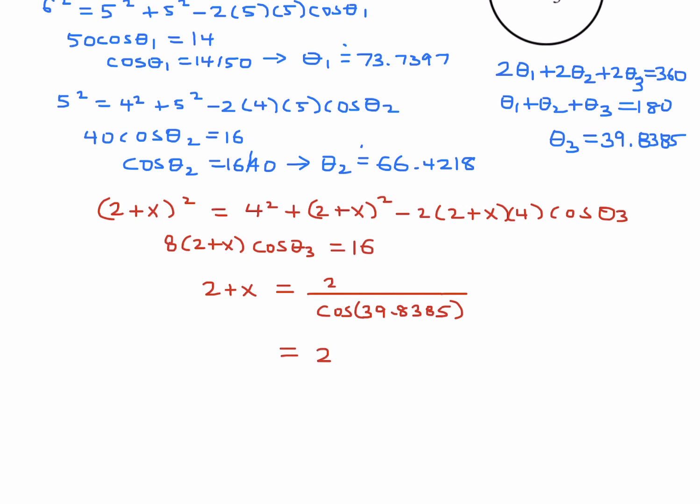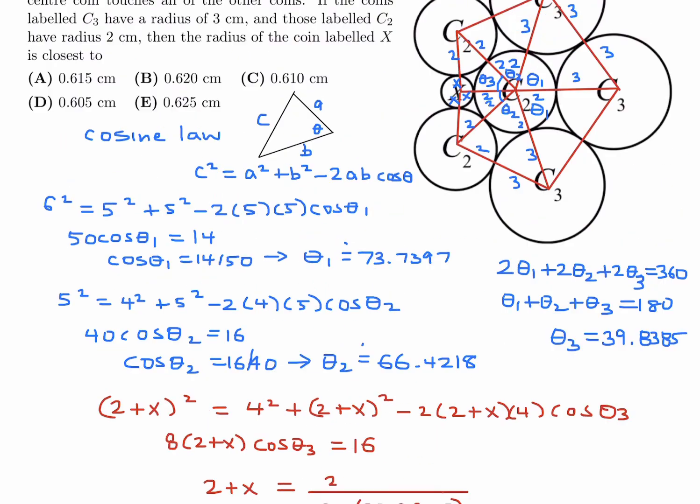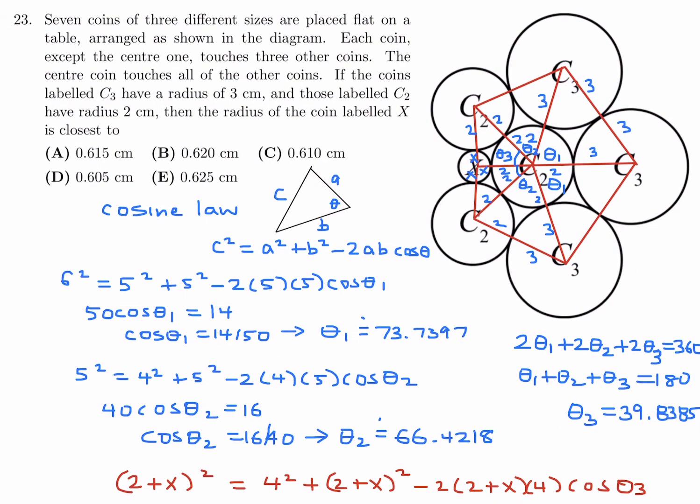And when you do this calculation, it is 2.6046 approximately, and that's 2 plus x. So therefore, x would be 0.6046 approximately. And that represents the radius of that small circle x. 0.6046. The closest to that is choice D.